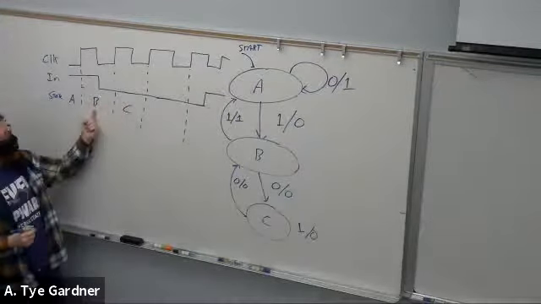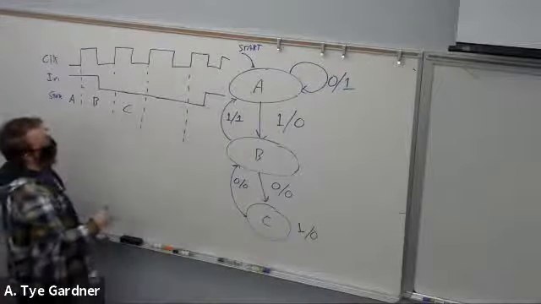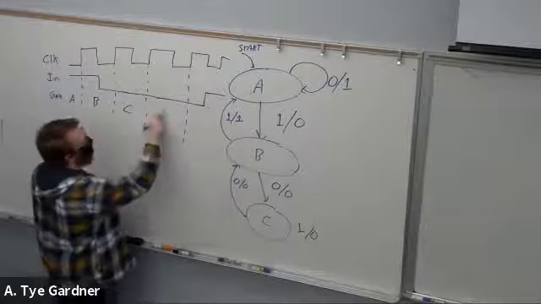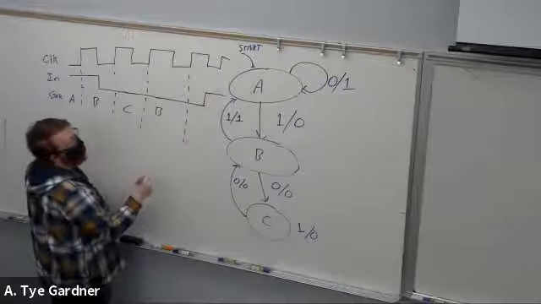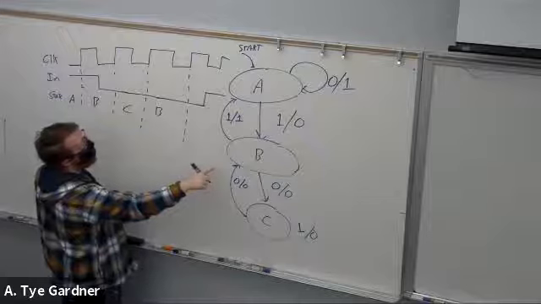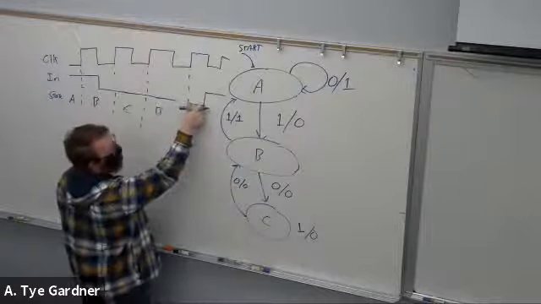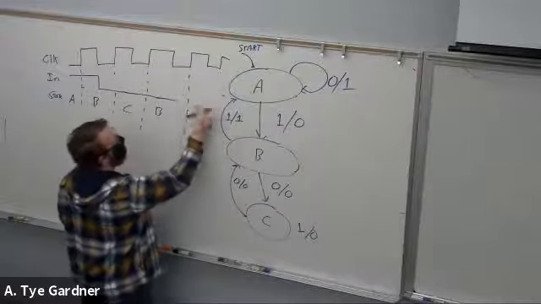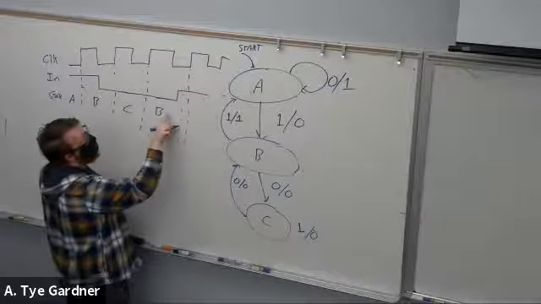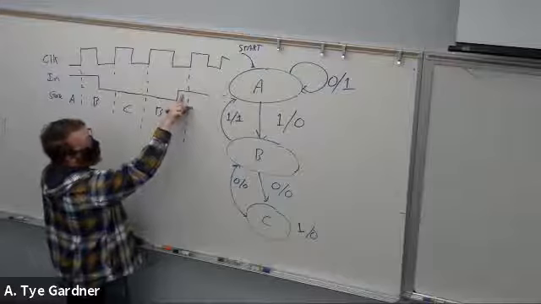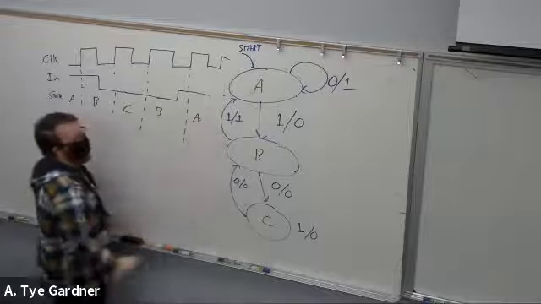My input is 0, I'm in state B. That means go to state C. Now I'm in state C, I see another 0, so I move to state B. I'm in state B. Oh, this is where I wanted my 1. So I can illustrate this, sorry. In state B, rising edge of the clock happens, sees a 1. That means I go back to state A, and there I am.